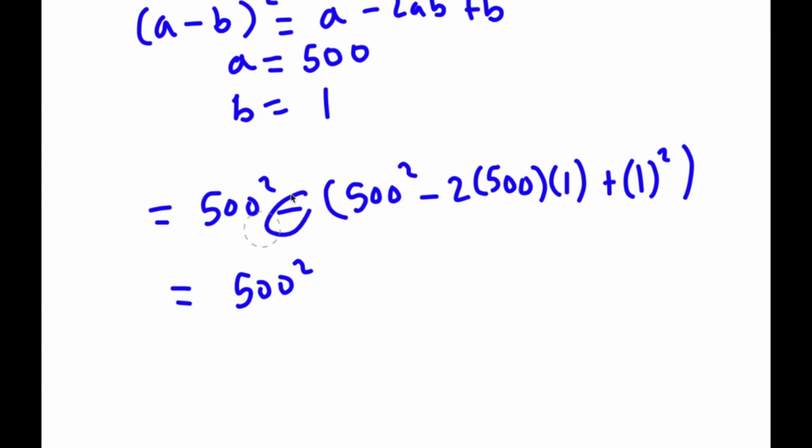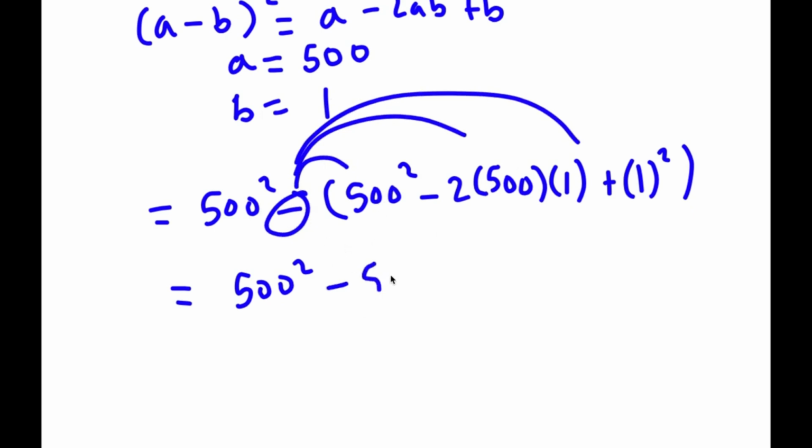I'm going to have to distribute this negative sign to all my terms here. So first off, I have negative 500 squared. Then I have negative of negative, which is positive: 2 times 500 is 1,000, 1,000 times 1 is 1,000. And now I have 1 squared, which is simply 1.